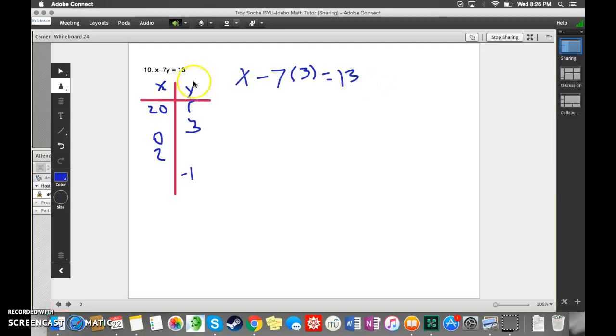All right, now we're going to say plus 21, or minus 21. Wow, I'm having a day. Minus 21 equals 13. Add 21, and then x equals 34.